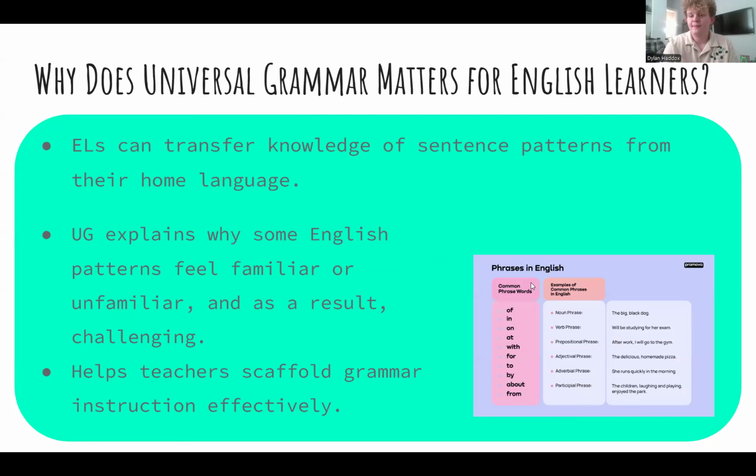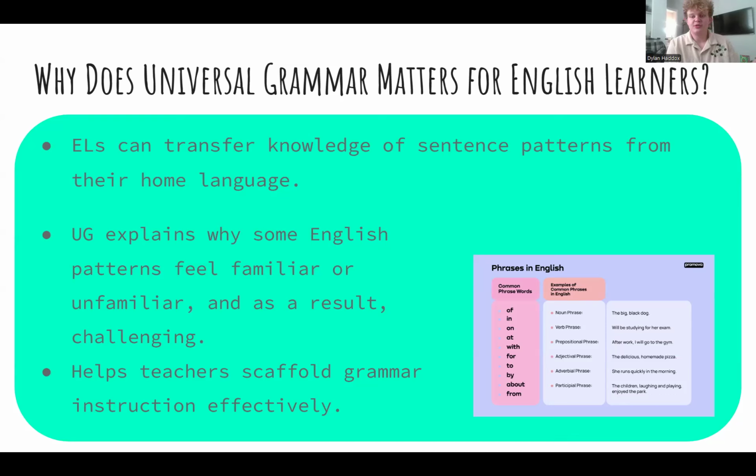All right. Why does universal grammar matter for English learners? English learners can transfer knowledge of sentence patterns from their home language. So if they're more well versed in that language, especially something similar like Spanish and German, they both have a similar sentence structure.